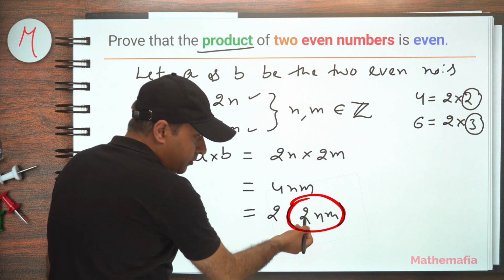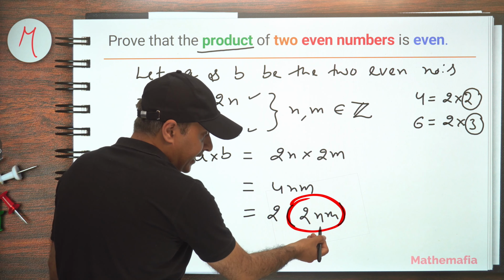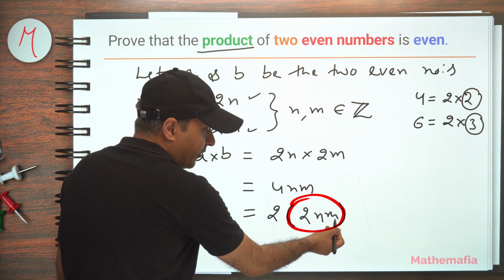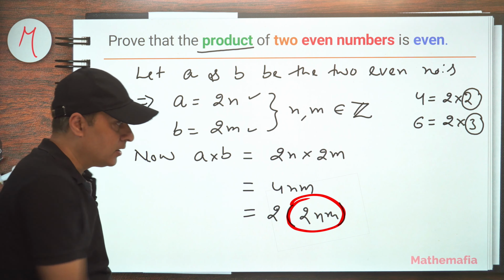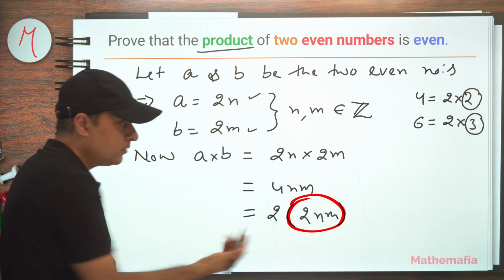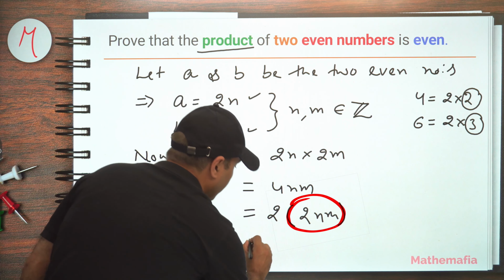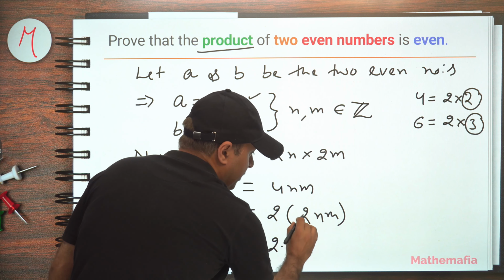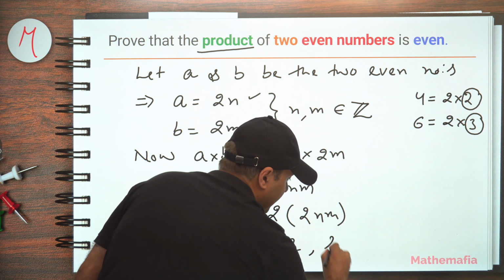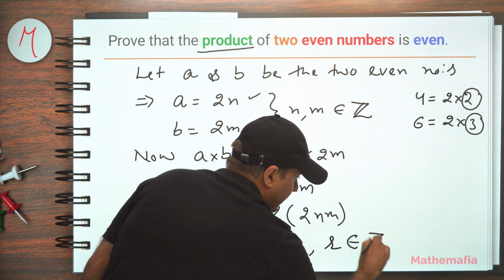Now this is an integer because 2 is an integer, n is an integer, m is an integer. So if I multiply integers, then the output is also an integer. So let's name it r. So this is equal to 2 into r, where r is 2nm, and definitely r is also an integer.